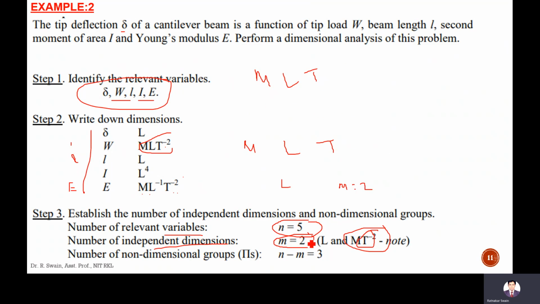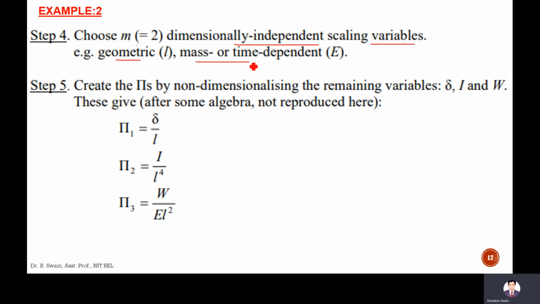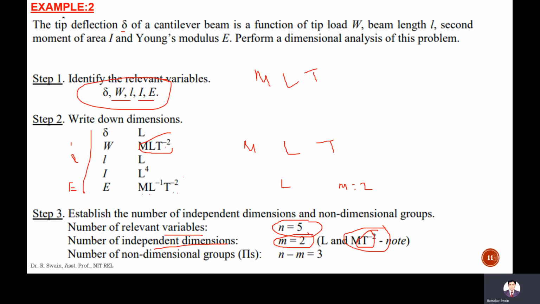Here, since I have taken m equal to 2, with M T to the power minus 2 combined as one independent dimension, the repeating variables are L and E. Weight can also be taken, and E also can be taken, because E contains mass and time both.